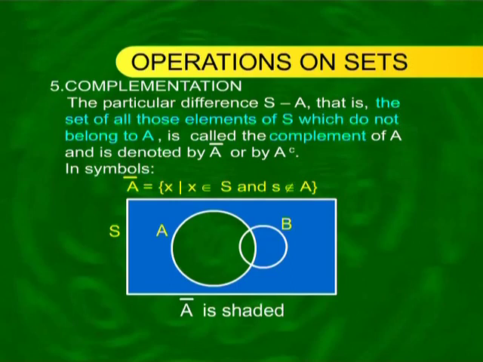Symbolically, A bar is the set of all those X values which belong to S but which do not belong to A. In the Venn diagram that you now see, the shaded portion of the universal set S represents the complement of A, because it contains all those elements which are not contained in A.